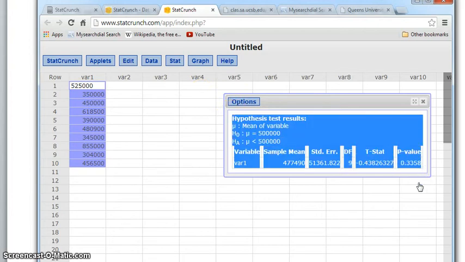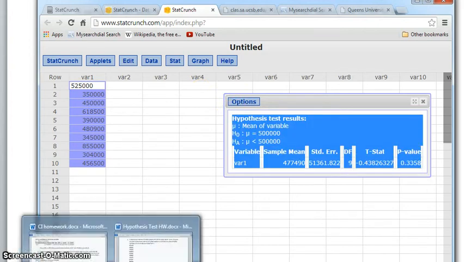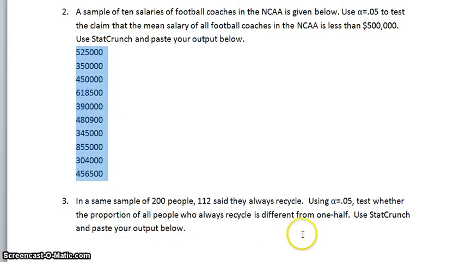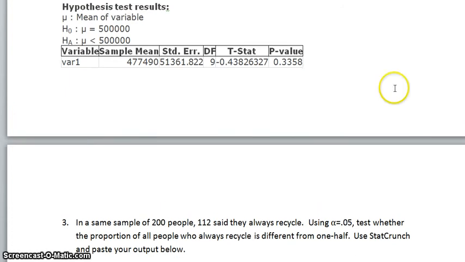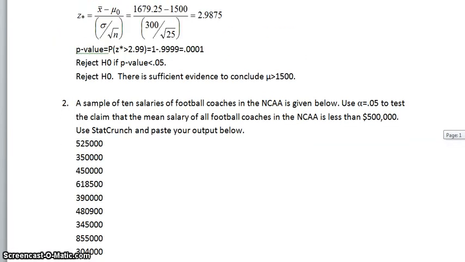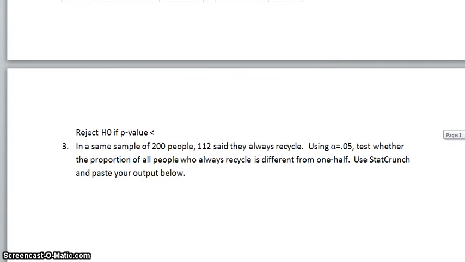Copy and paste over here. And this already states our hypotheses for us, and the test statistic and the p-value. So all we have to do is reject H0 if the p-value is less than, let's see, what value of alpha did we have in this problem? 0.05, the most common one.